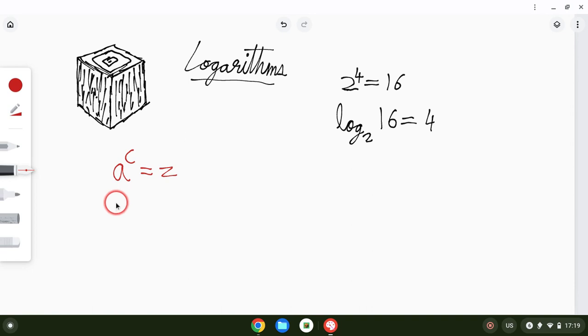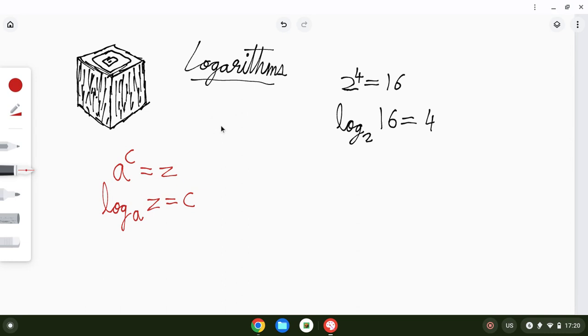So this will become log base a of z equals c. Basically, the output at the end of the log format is the exponent right here. So they're closely related.